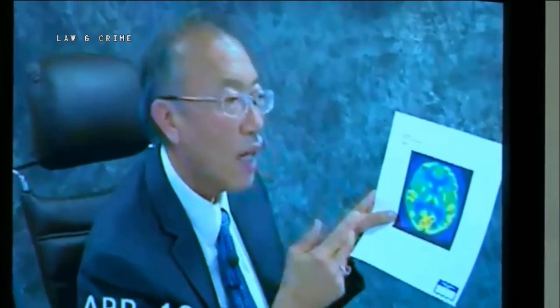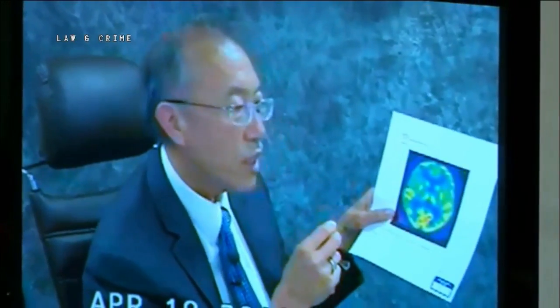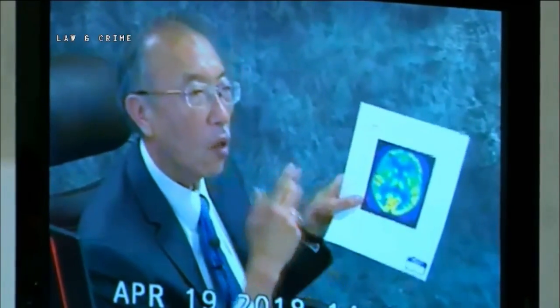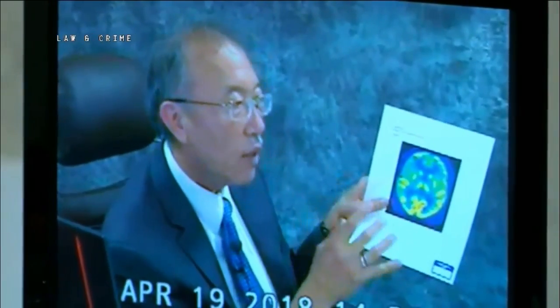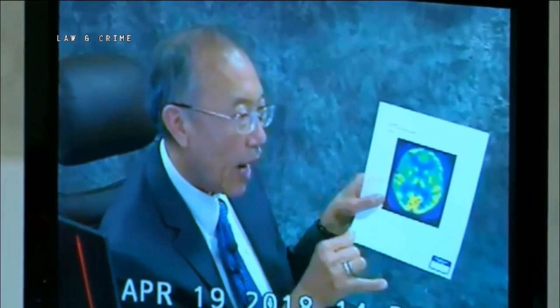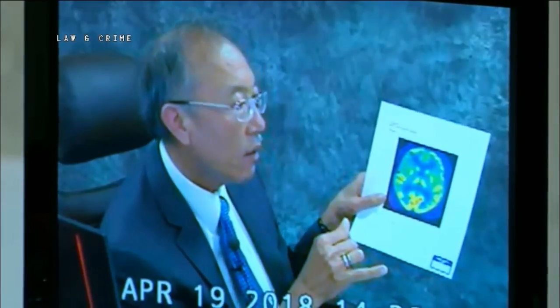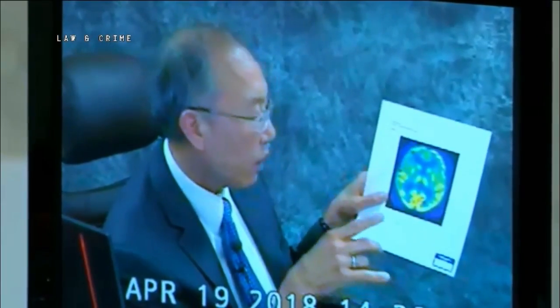Mr. Kirkland had a metabolic rate of 0.94. The standard deviation is 0.11. And so we generate something called a Z-score. And the way a Z-score works is that you take the average, you subtract the patient's value from the average, and then you divide by the standard deviation, and that gets the Z-score.